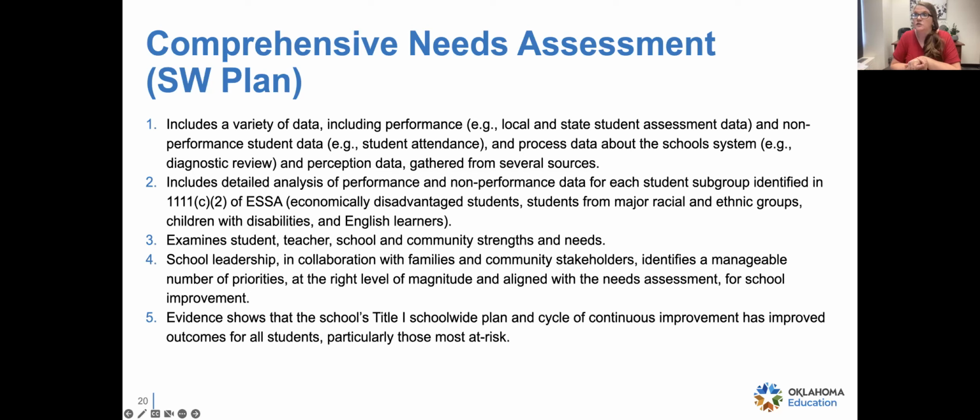You're going to examine student, teacher, school, and community strengths and needs, and school leadership in collaboration with families and community stakeholders. You're going to want to identify a manageable number of priorities at the right level of magnitude and aligned with that needs assessment for school improvement, and then evidence that shows that your plan and the continued cycle of improvement has improved or will improve student outcomes.